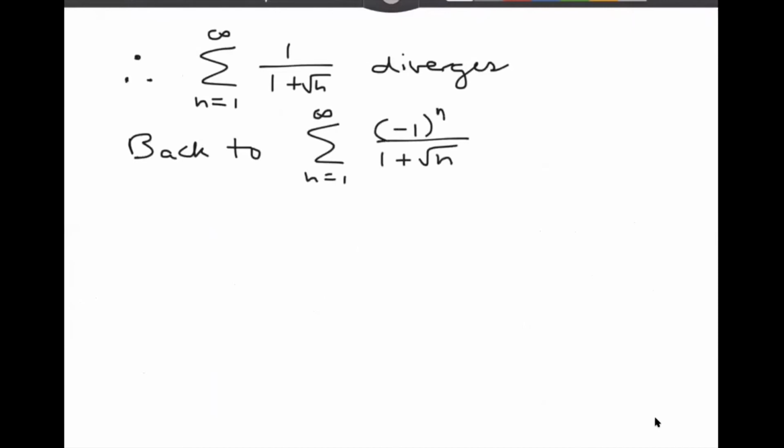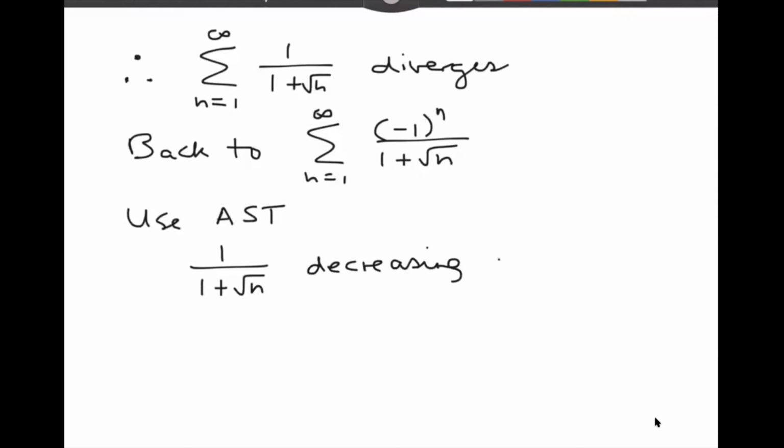All right, so now we'll use the alternating series test. Okay. Clearly 1 over 1 plus the square root of n is always positive. 1 over 1 plus the square root of n is clearly decreasing because the denominator is increasing. And 1 over 1 plus the square root of n is definitely approaching 0.